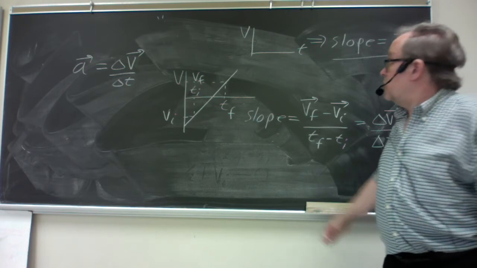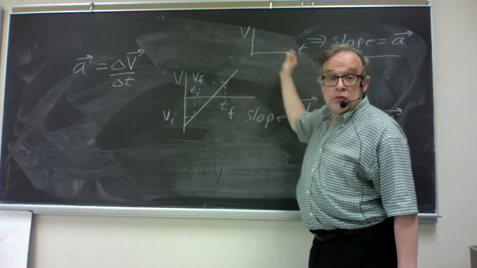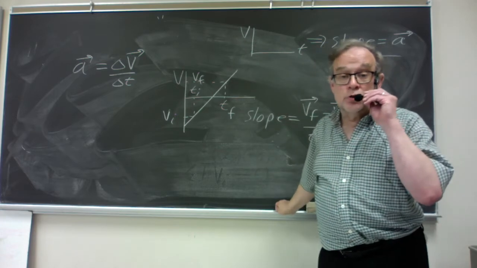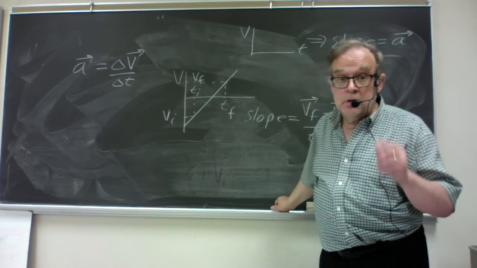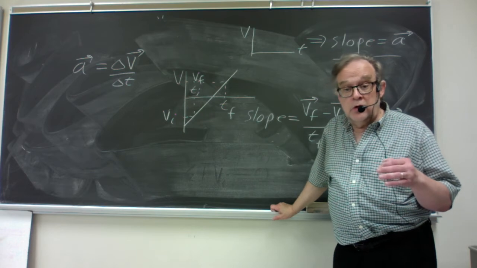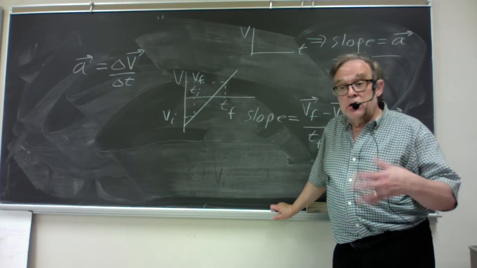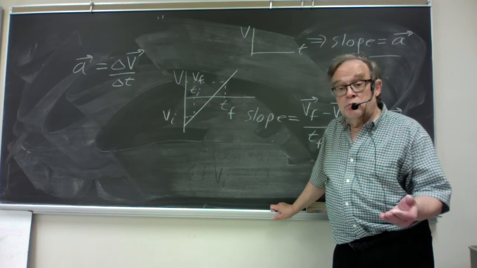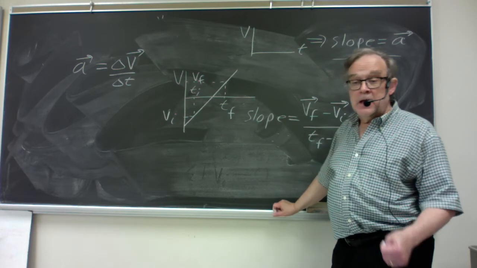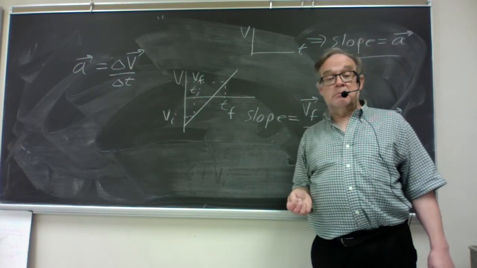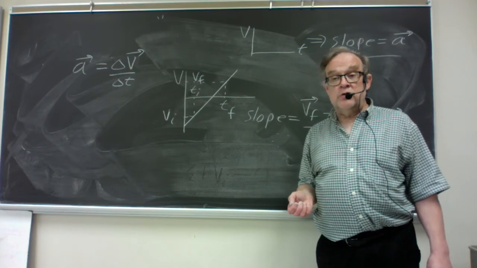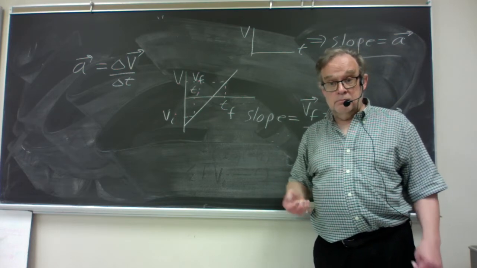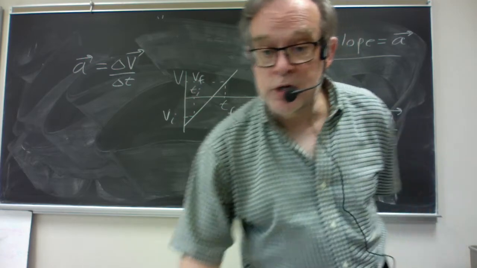On a graph of anything versus time, slope is the rate of change. So in a graph of position versus time, slope is the rate of change of position, which is another name for velocity. And on a graph of velocity versus time, slope is the rate of change of velocity, which is another name for acceleration.